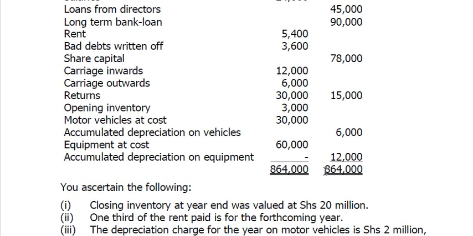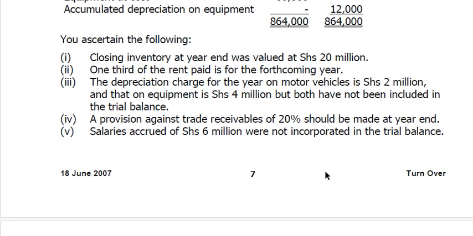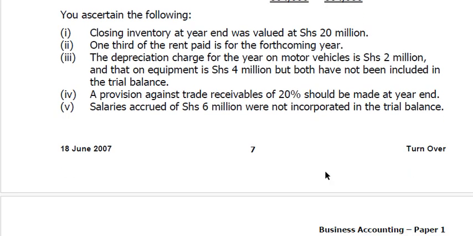We have some additional information. We have been told that you ascertain the following. Closing inventory at the year end was valued at shillings 20 millions. One third of the rent paid is for the forthcoming year.